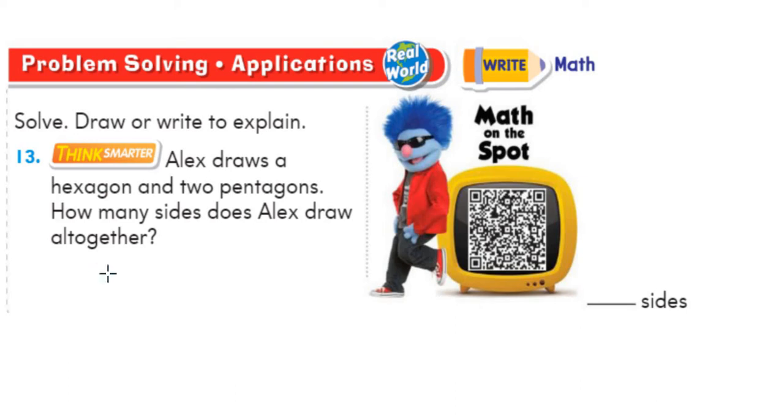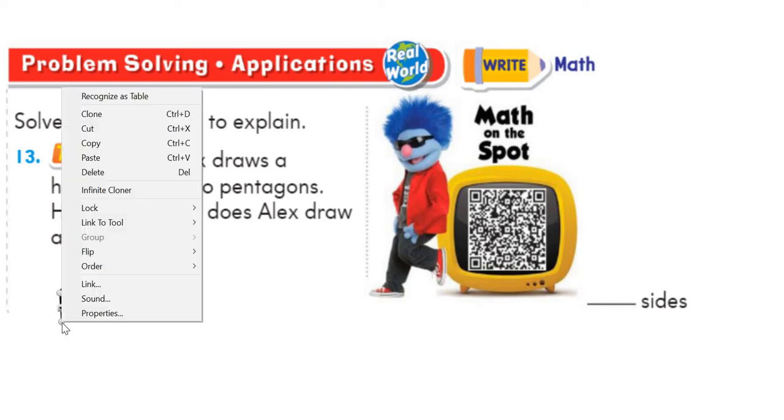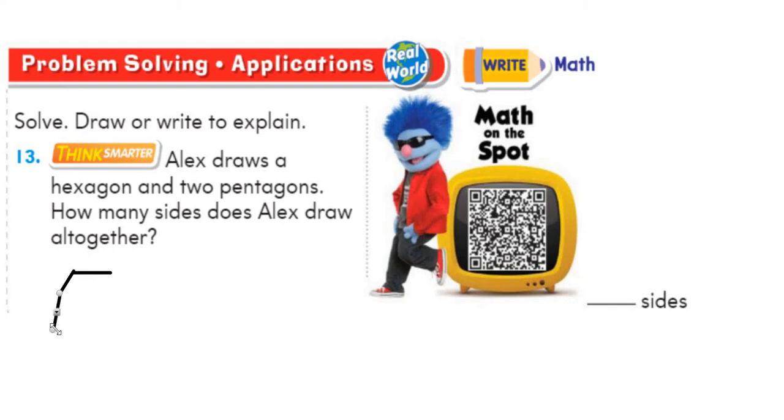Okay, a hexagon, remember, is 6. 1, 2, 3, 4, 5, 6, and 2 pentagons.